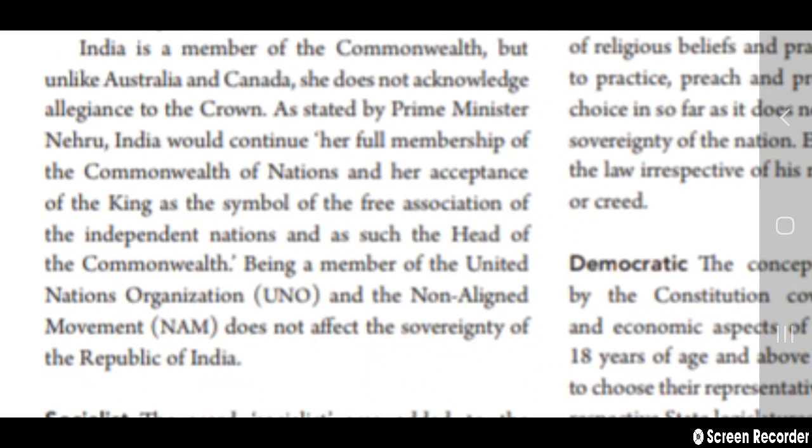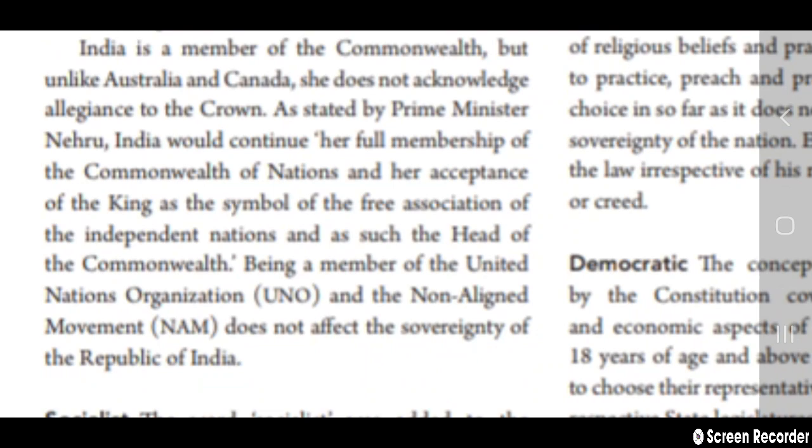As stated by Prime Minister Jawaharlal Nehru, India would continue her full membership of the Commonwealth of Nations, and accept the king as the symbol of the free association of independent nations, and as such the head of the Commonwealth.